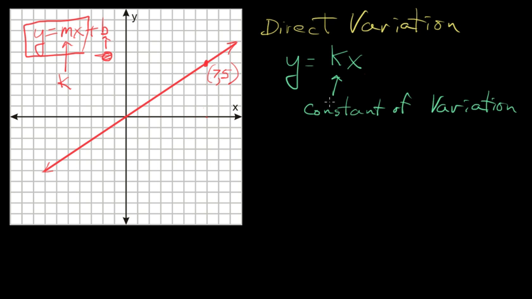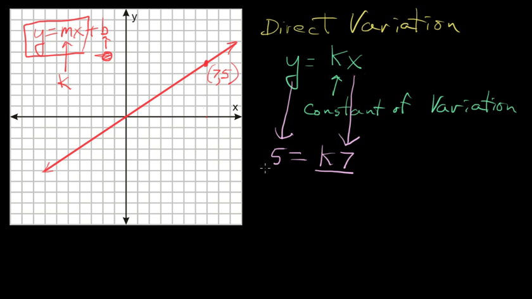How do I find the constant of variation? When x equals 7, y equals 5. So 5 is going to equal k times 7, isn't it?